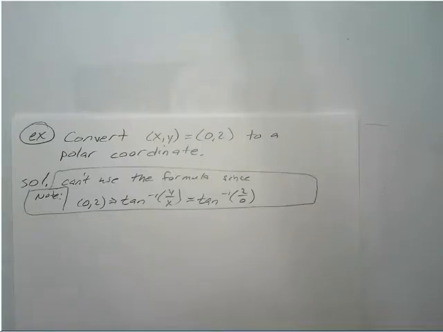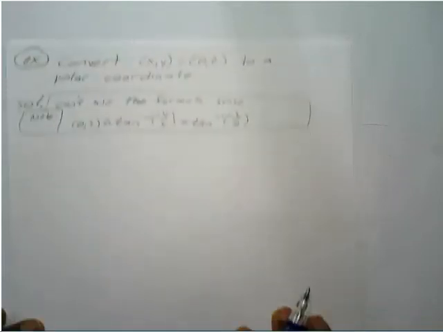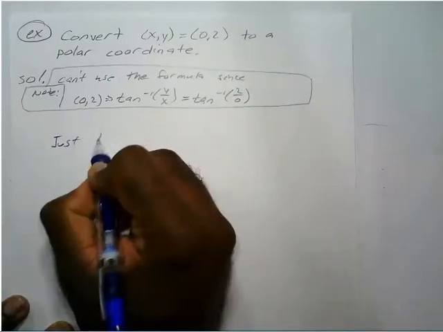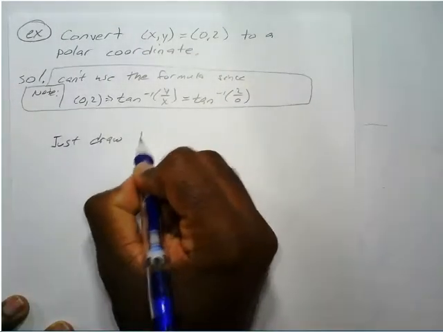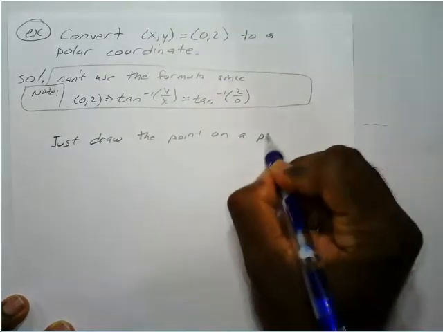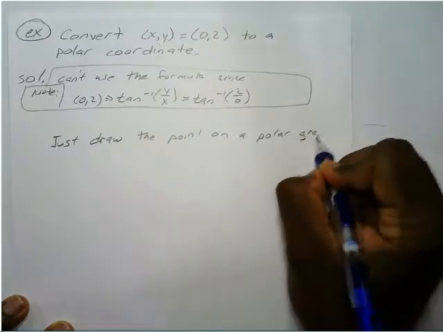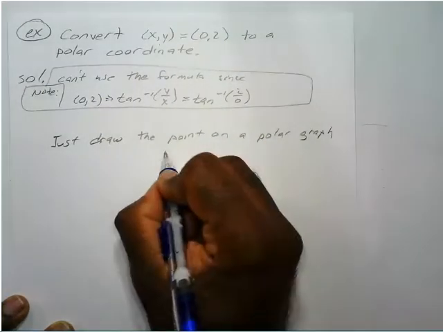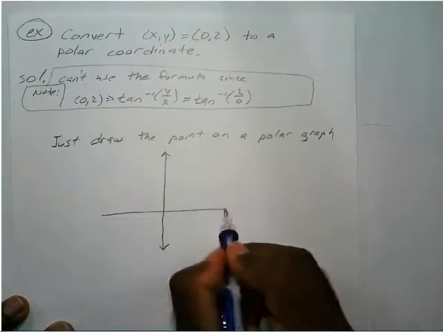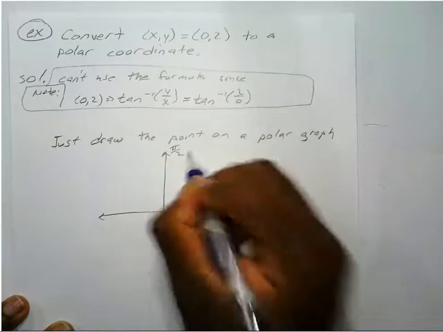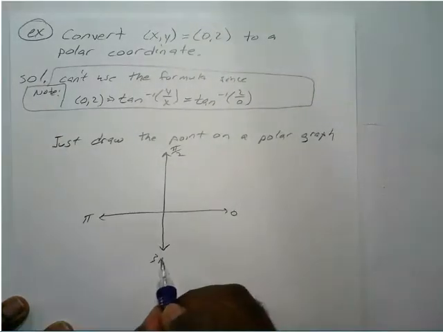So one way to approach this is to draw this point on a polar graph. So we have 0, pi over 2, pi, 3 pi over 2.